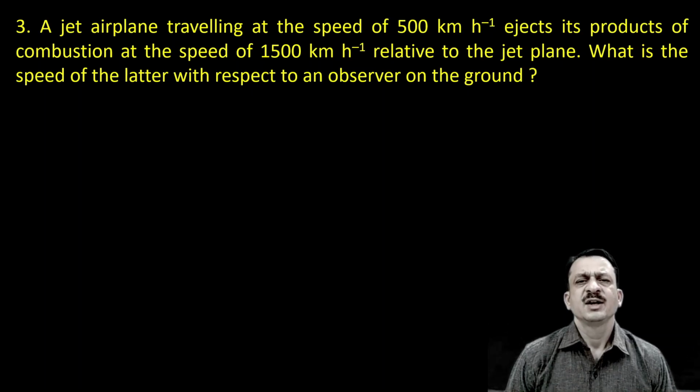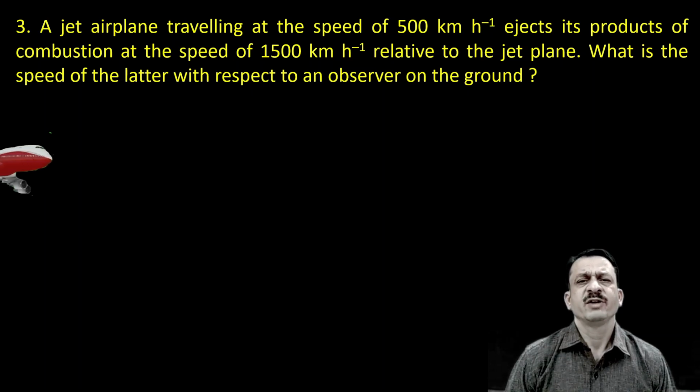So the velocity of the aeroplane with respect to the ground is given, and the relative velocity of the products of combustion with respect to the aeroplane is given. Now we have to calculate the velocity of the products of combustion, that is exhaust gases, smoke emitted by the aeroplane, with respect to an observer on the ground.